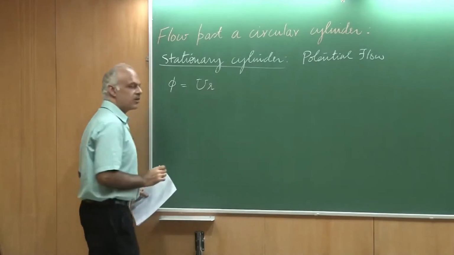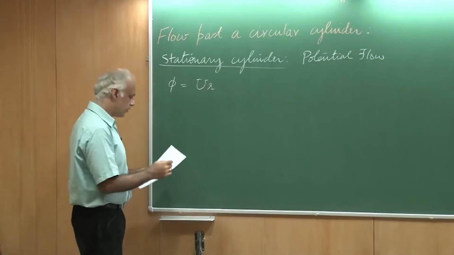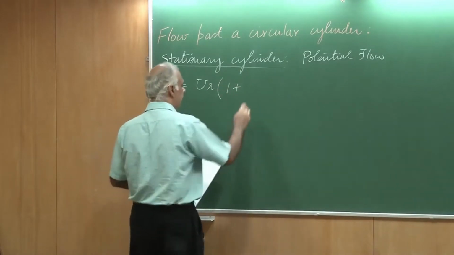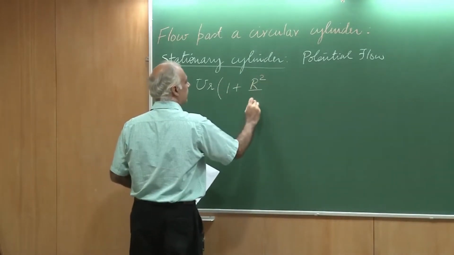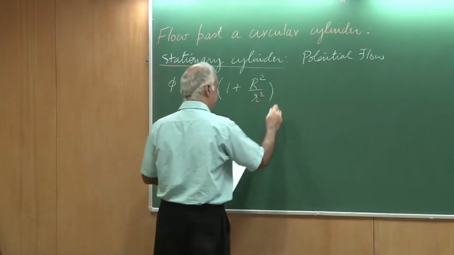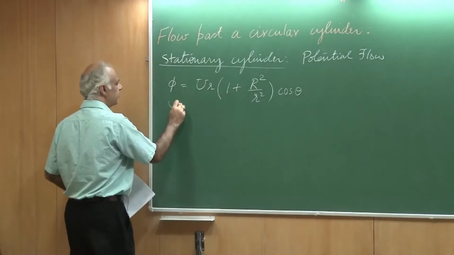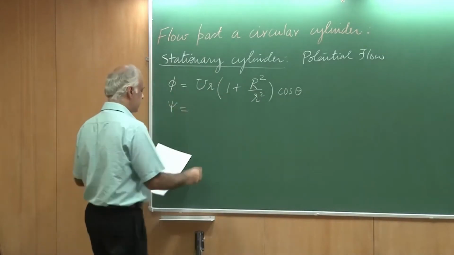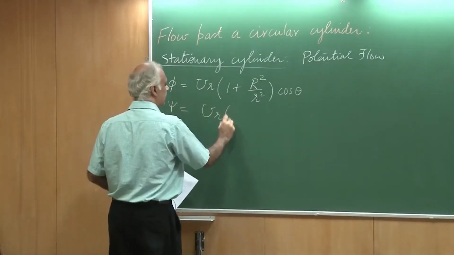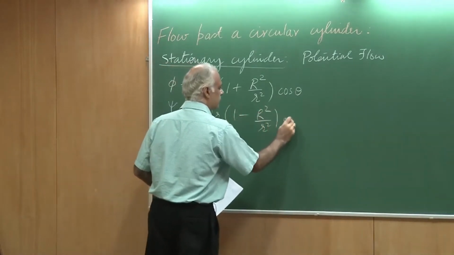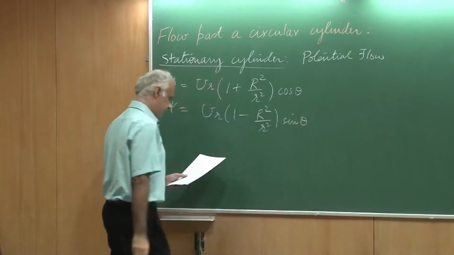It was a combination of a doublet kept in a uniform flow, and we were able to simplify this to u times r, 1 plus r square by small r square, cosine theta. Similarly, the stream function was given as u times r, 1 minus r square by small r square, sine theta.